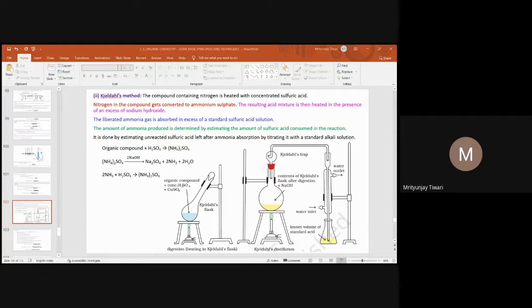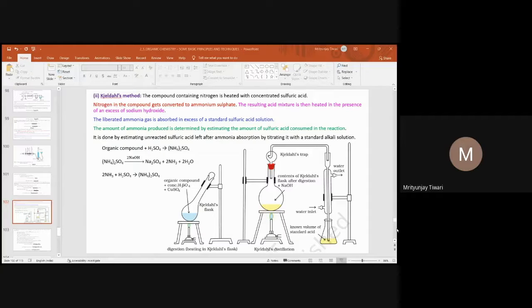This ammonia is now collected in another flask which already contains a known volume and known molarity of H2SO4. There is an excess of H2SO4 that we also take in this third step.